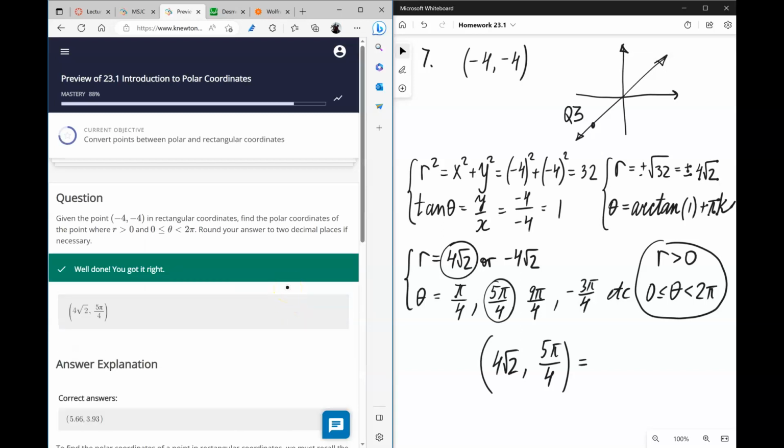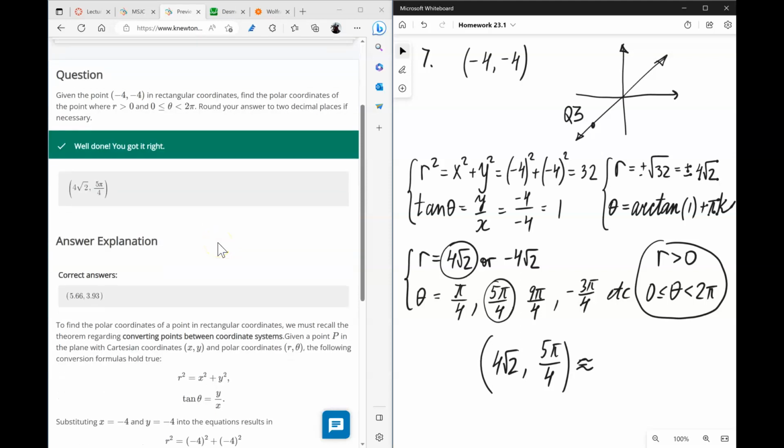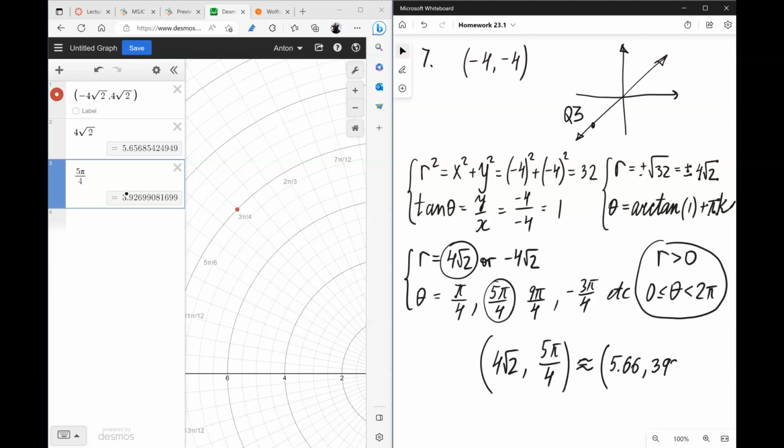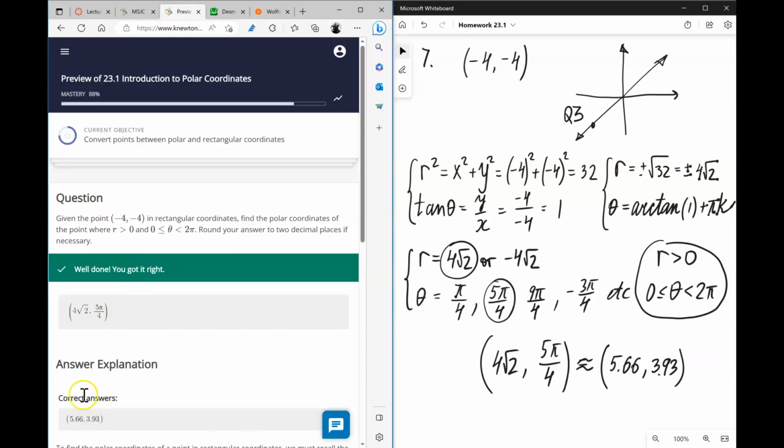However, we could have also rounded to the nearest 100th. So, for example, 4 square root of 2 is that much, and 5 pi over 4 is this much. So as you can tell, this is an alternative answer.